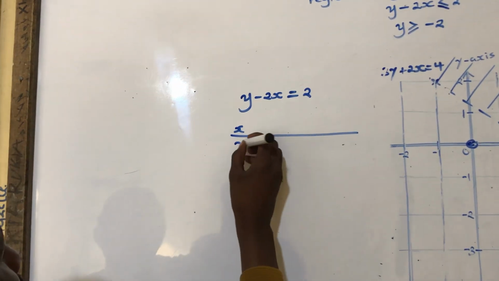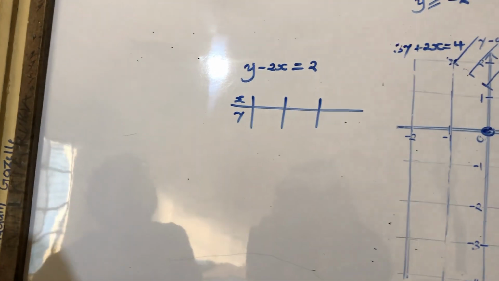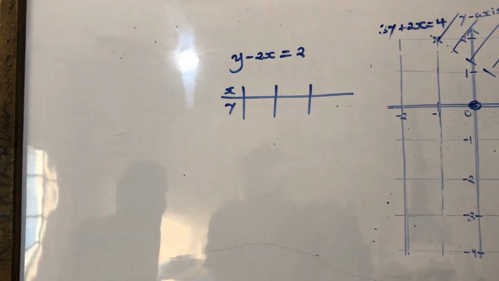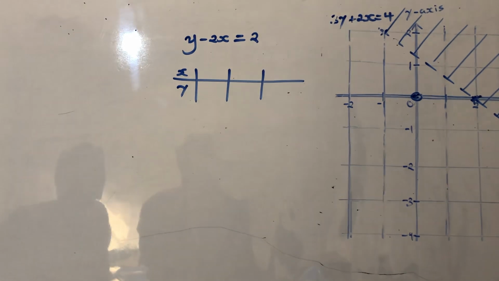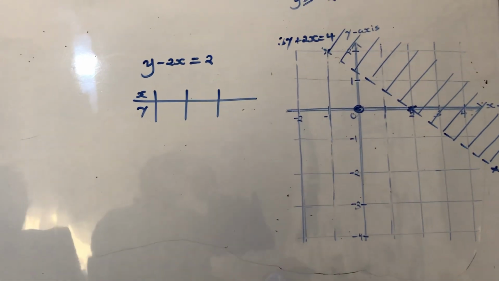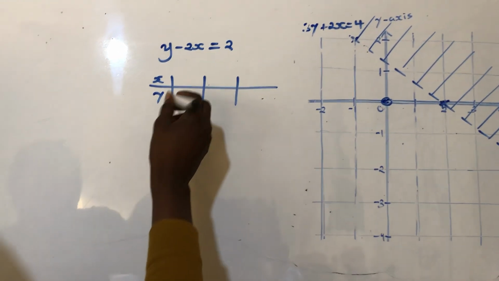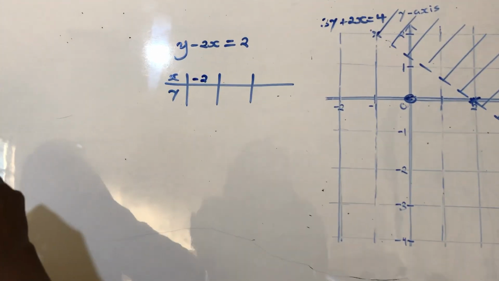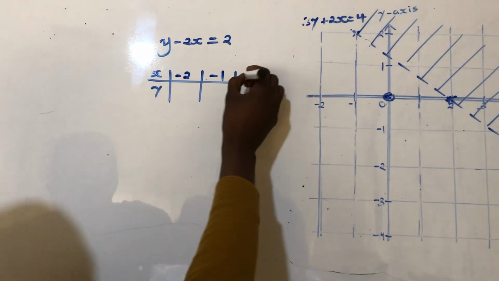We will then do a table. In this table, we will consider any 3 random numbers. So what will we have? Let's consider the numbers -2, -1, and 0.